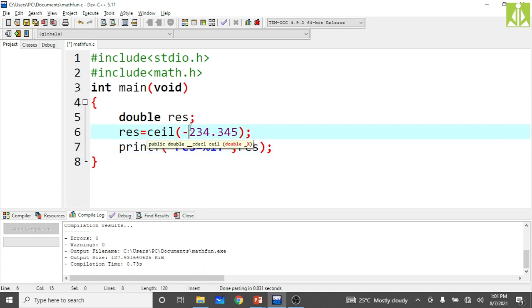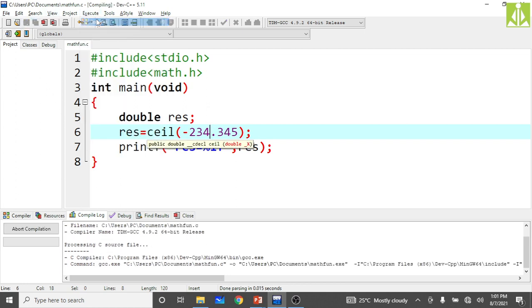So now we are calculating the ceiling value of minus 234.345. What is the nearest possible value on the number line? We have to move in the right hand side direction. It is a negative value, so it will be on the left hand side, and if you move in the right hand side, you will get minus 234.